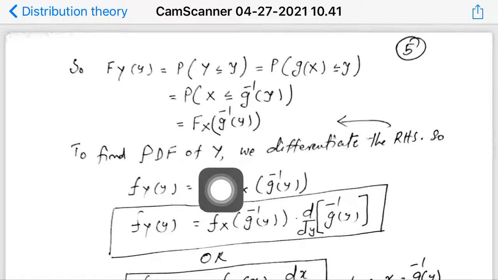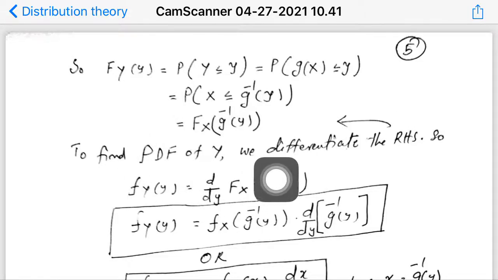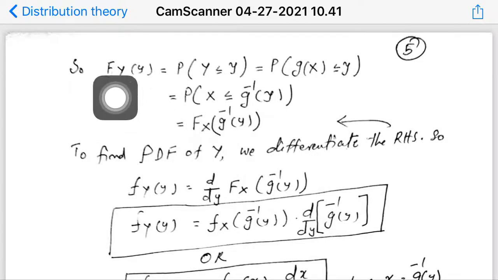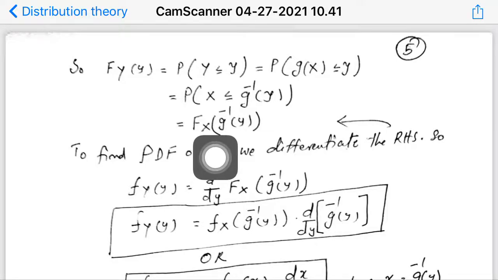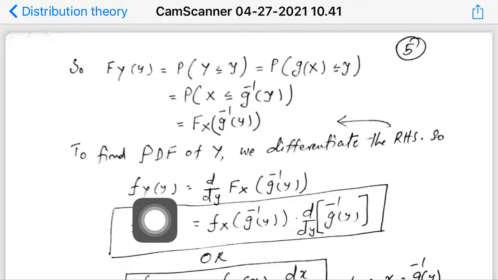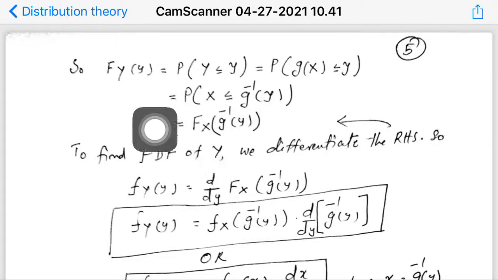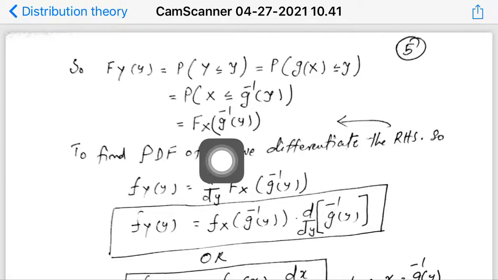Once you find the distribution function of y, you can differentiate it, which is equal to the right hand side of this expression. So what will happen if you differentiate the left hand side? Differentiating with respect to y the left hand side is nothing but the density function of y, and on the right hand side it is d by dy of F_X of g inverse y, because F_Y of y is written as F_X of g inverse y.